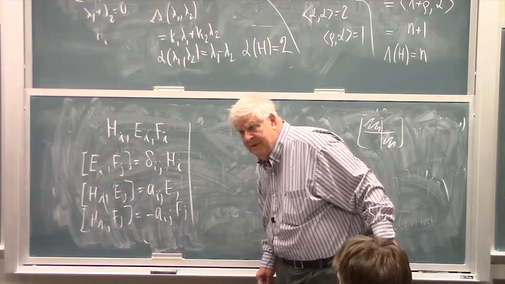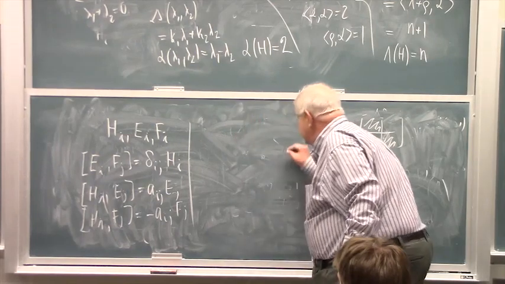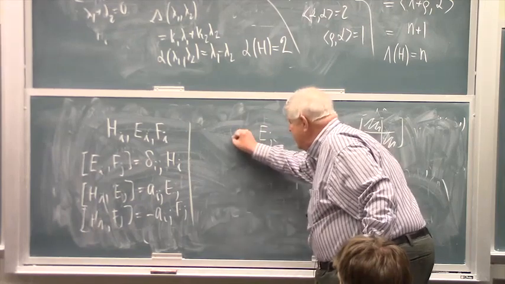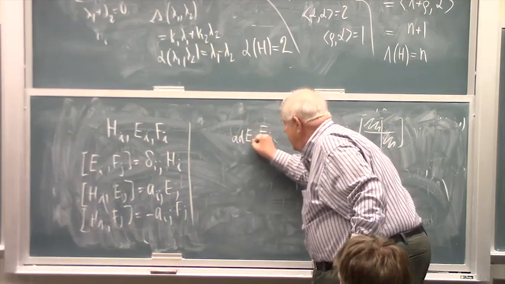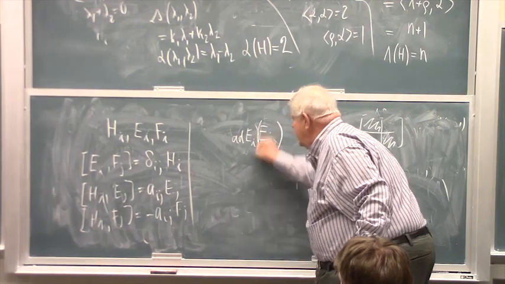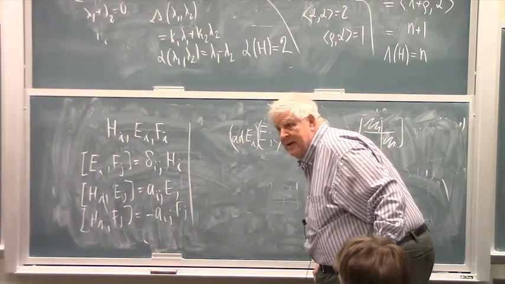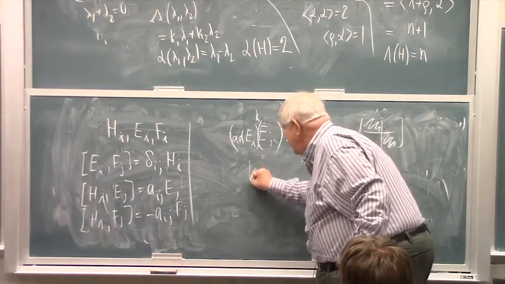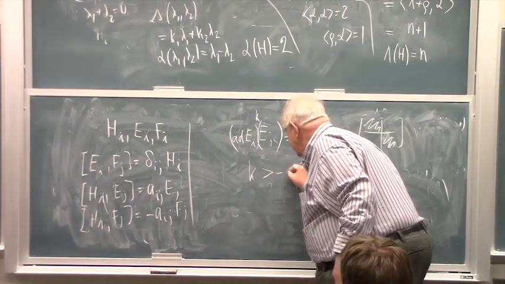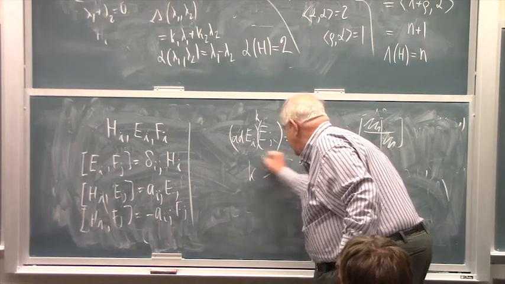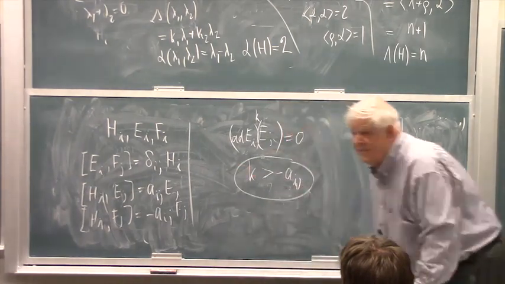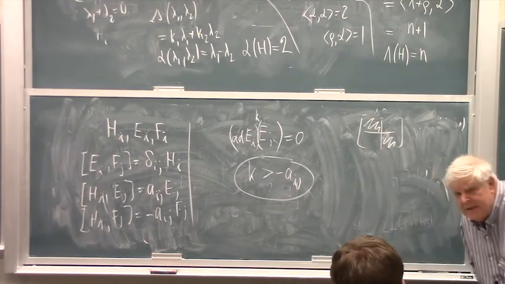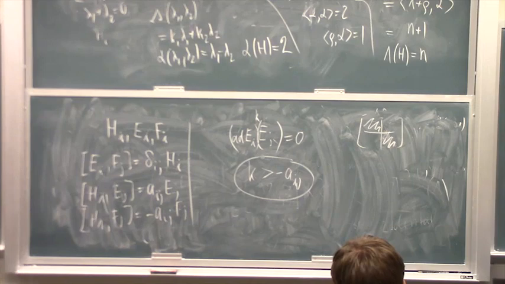And I say the following, that if we take ej and apply to it the commutator with ei and do it k times, then you get 0 if k is bigger than minus aij. And the same for f. I do not write it, but I mean it.